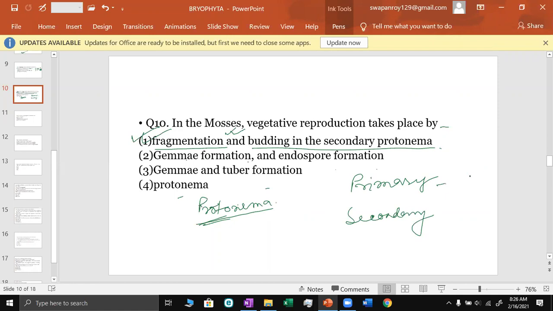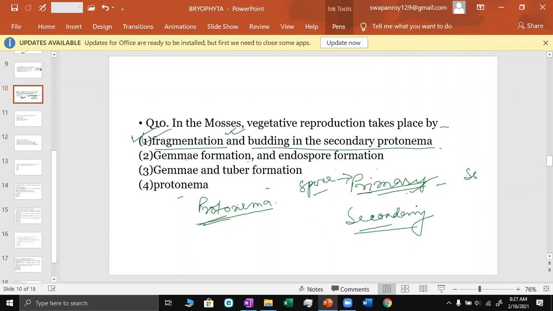The primary one develops from a spore. When the spore germinates, that protonema is primary, and secondary protonema develops from the adult gametophyte moss plant.